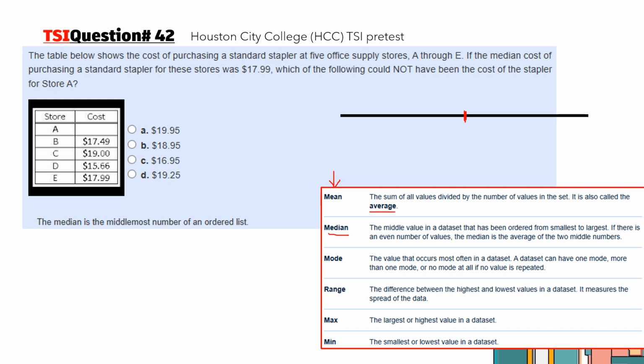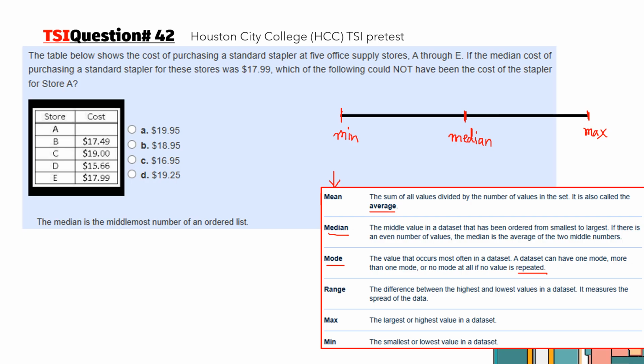The black line will represent the range. We have the minimum, or the min, and the maximum, which is the highest point. In between is the median. And the mode is one value that is repeated several times.